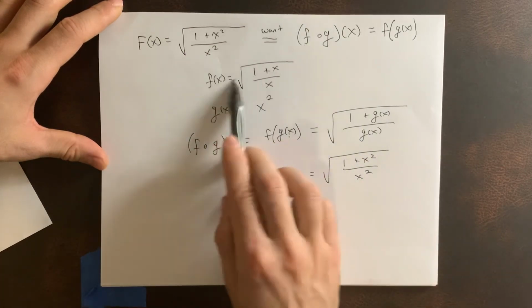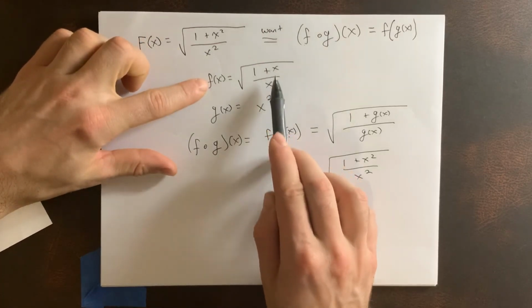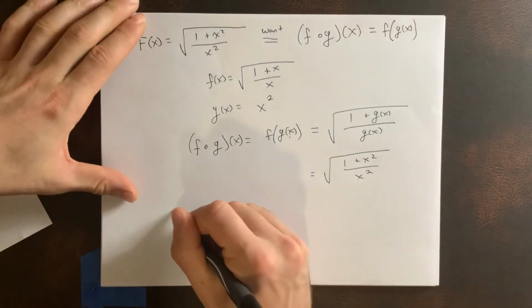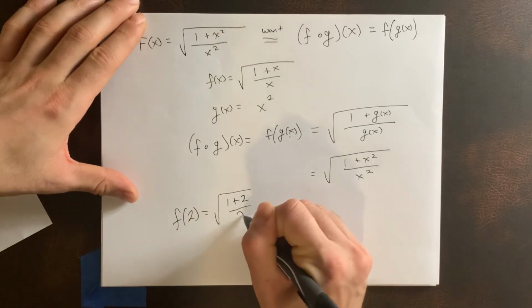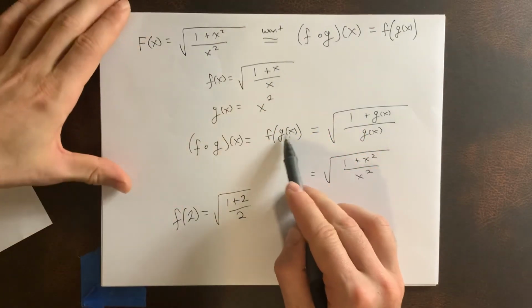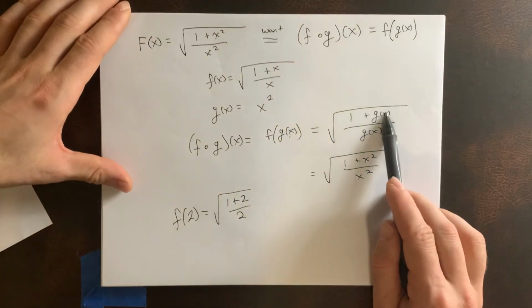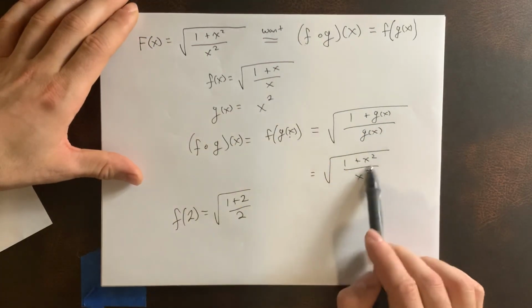So here's f of x. If we plug g inside of f, well, then a g goes here and a g goes here. Just like if you were going to find f of 2, this would be the square root of 1 plus 2 over 2. You just replace these x's with 2's. But now we're replacing these x's with g of x's. So the g of x goes here and here. And then we just replace g of x with this definition, and then we get this.